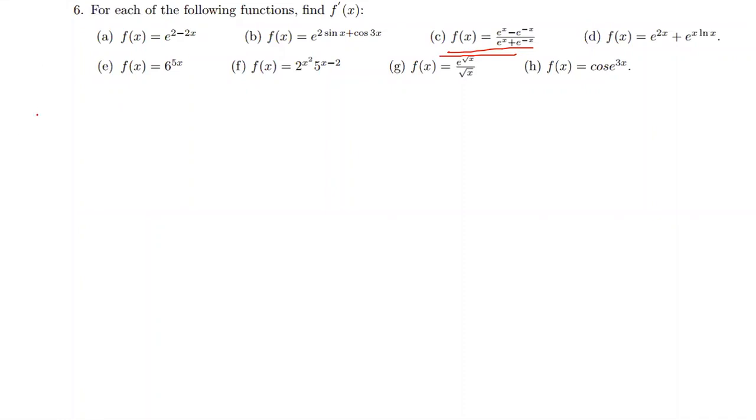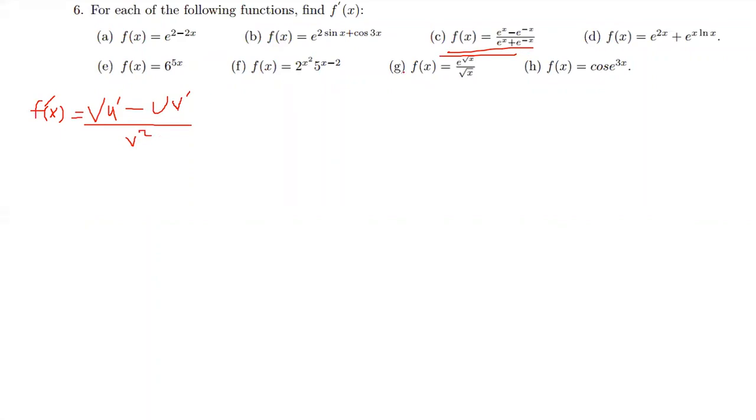So f prime of x will be given by v u prime minus u v prime, then everything divided by v squared.